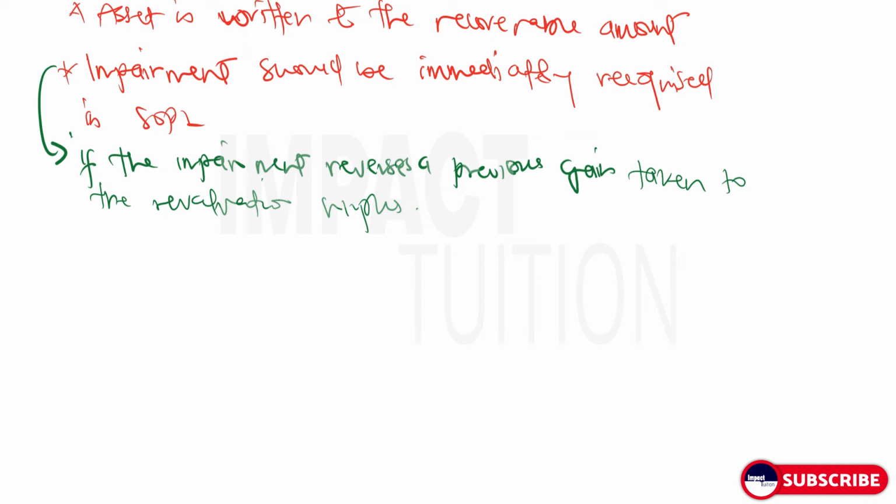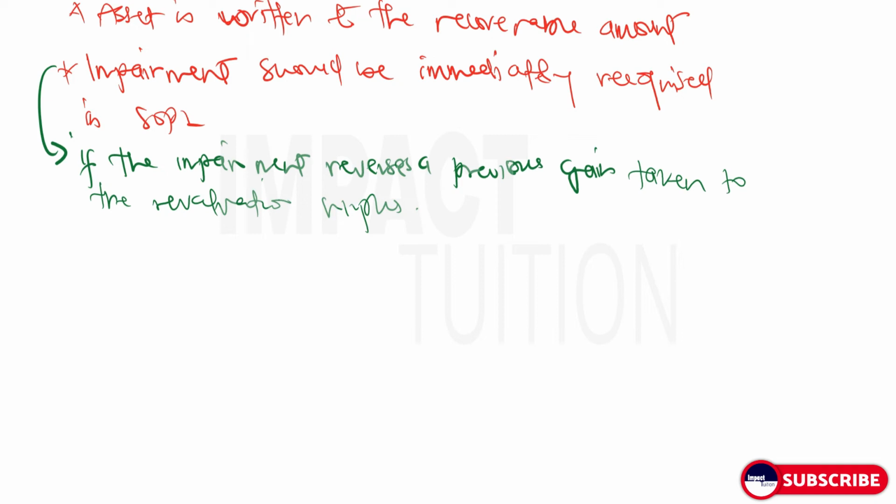In this case, the impairment will be taken first to the revaluation surplus, and so disclosed as other comprehensive income until the revaluation gain is fully exhausted. Then any excess is taken to the statement of profit or loss.